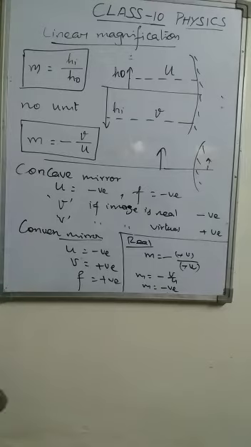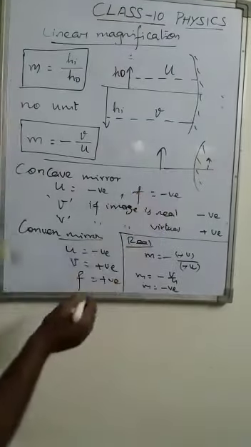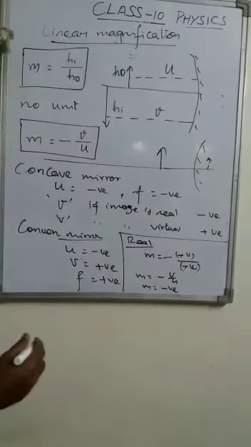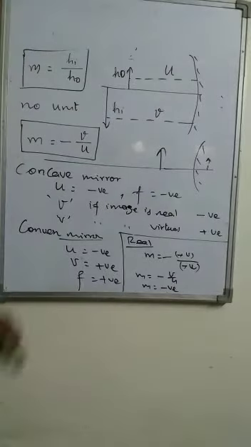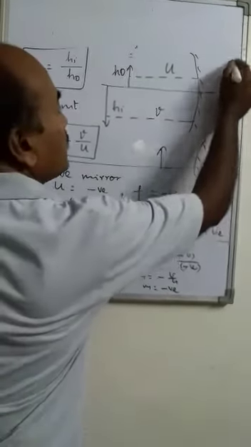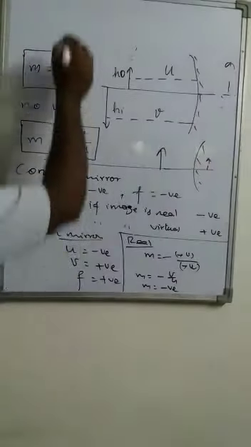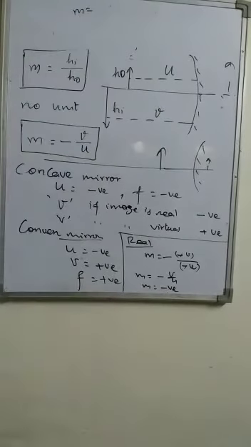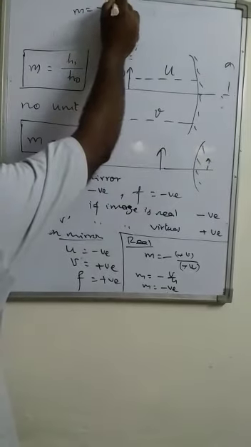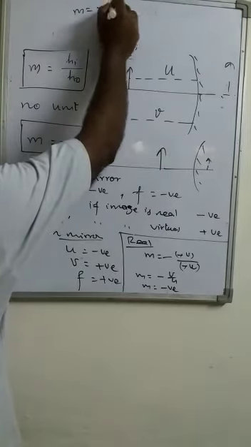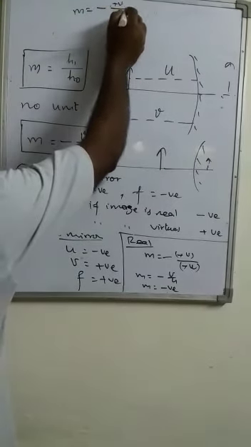Then coming to the virtual image. The concave mirror forms it in one case, and the convex mirror always forms the virtual image. In this case, for the magnification, for a virtual image v is positive and object u is negative.